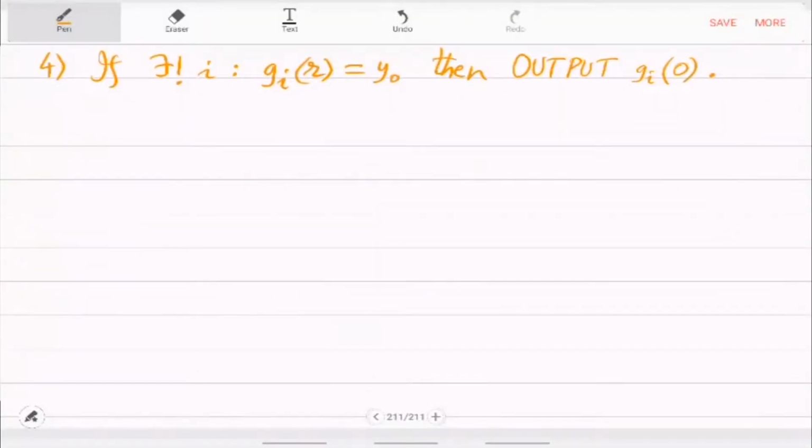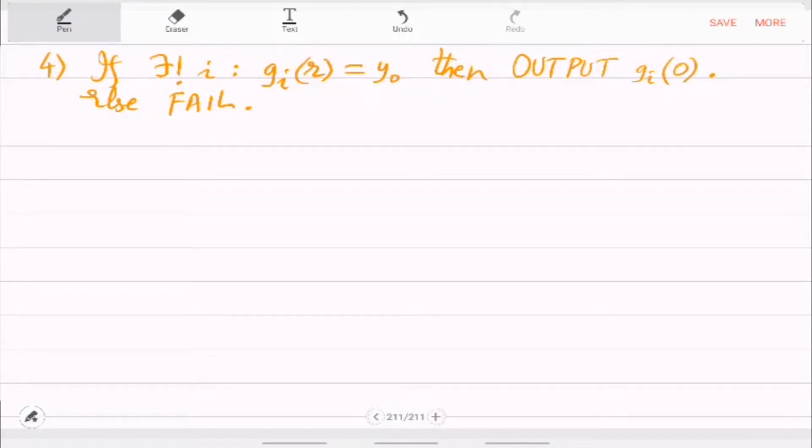This will happen with a good probability, good chance, else you have failed. Okay, if there is no GI which is giving value Y0 at R, then it means that this experiment was useless, so you have to repeat or just output fail and exit. But the probability of that will be small.